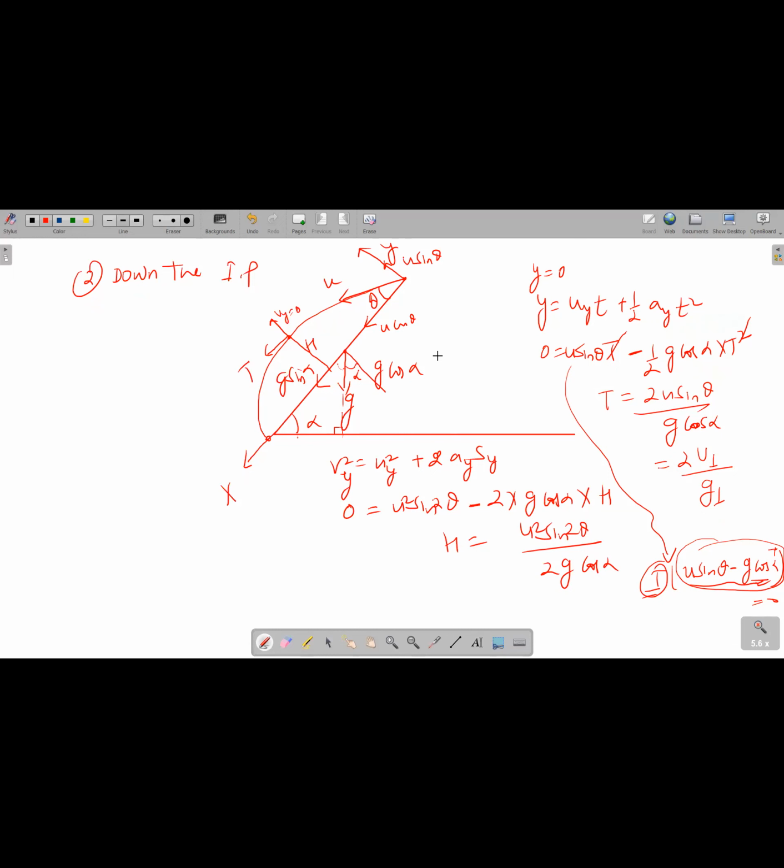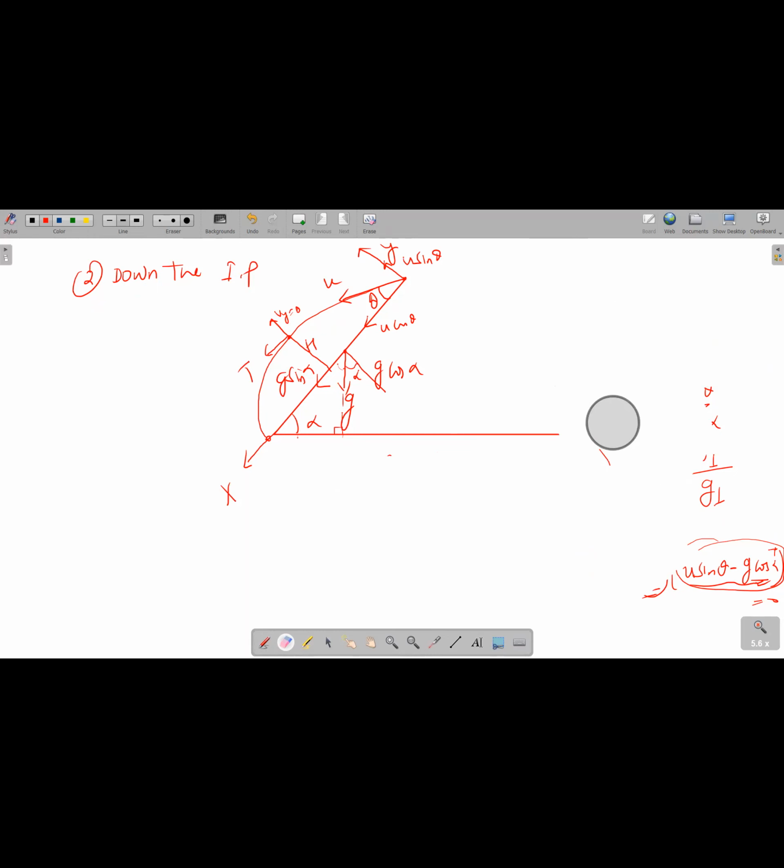Okay, now I'll find the range. Range means what? Displacement along the x-axis. So we'll use R equal to displacement along the x-axis. So this is your range from here to here.